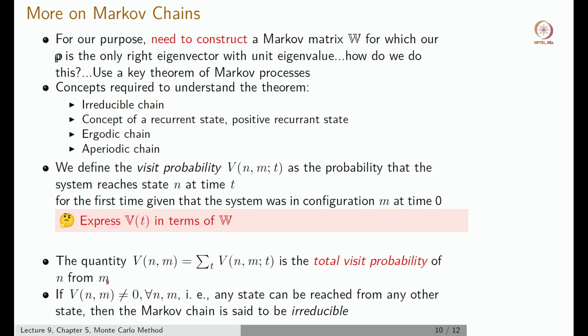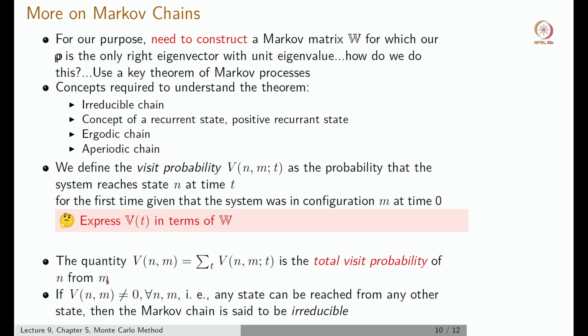So what would be a reducible Markov chain? There are a set of configurations and another set of configurations. If you start from some configuration set A, as you walk around you will just remain in those A configurations, and those in B remain in B configurations, and B will never go to A and A will never go to B. Such a process is a reducible Markov process.